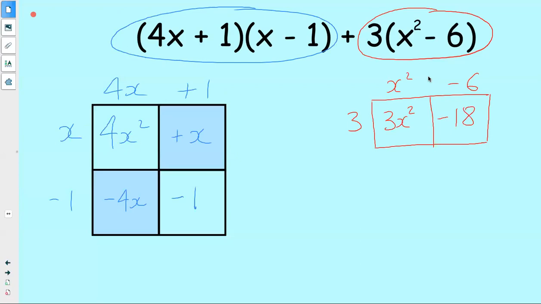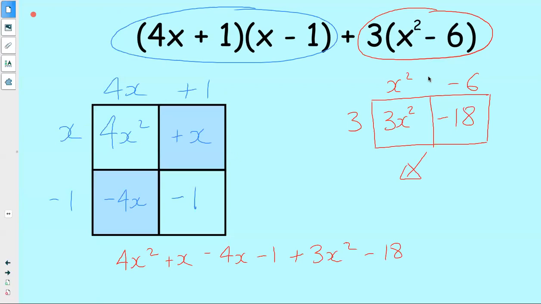So from my box over here, I've got 4x squared, add x, subtract 4x, subtract 1. And then from this bracket here, I've got a positive 3x squared and negative 18. And then you're just going to simplify that.